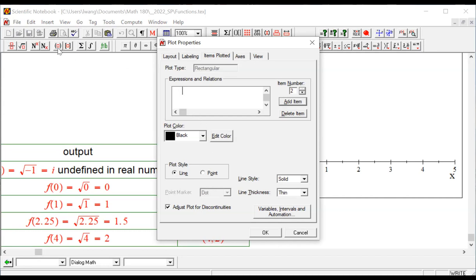The first point will be 0, 0. The second point, 1, 1: input 1, output 1. The next one is 2.25, comma 1.5: input, output. And you can plot as many points as you wish.